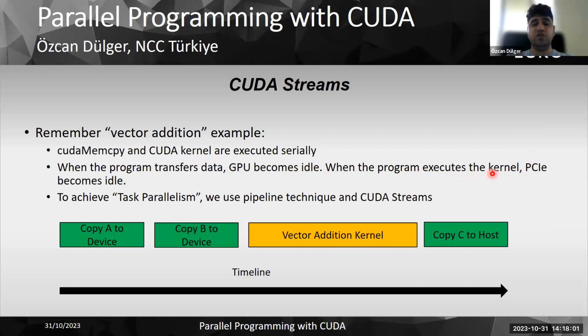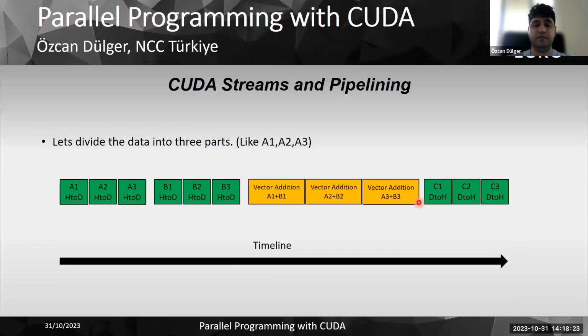So this is not a good solution for us. If you want to improve the execution time of the program, you can use task parallelism here. How can we do the task parallelism? We use the pipeline technique and CUDA streams in order to achieve task parallelism here.